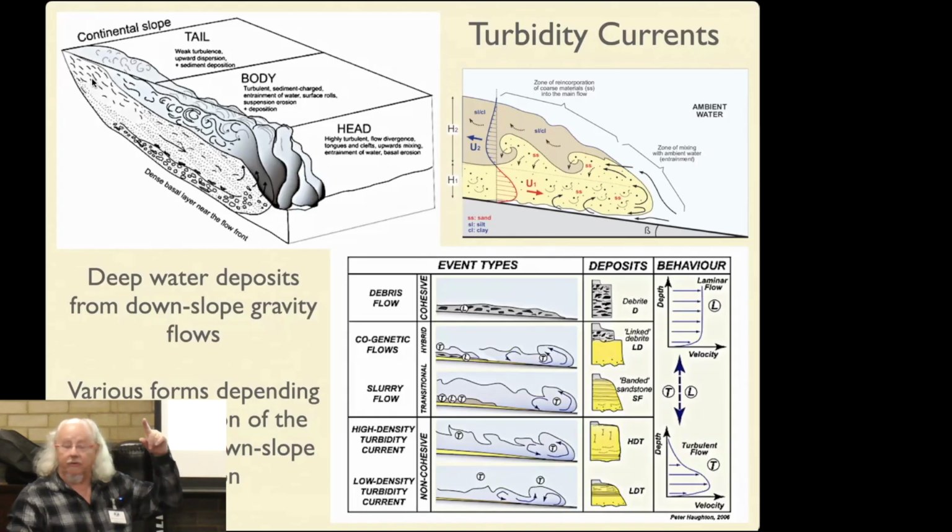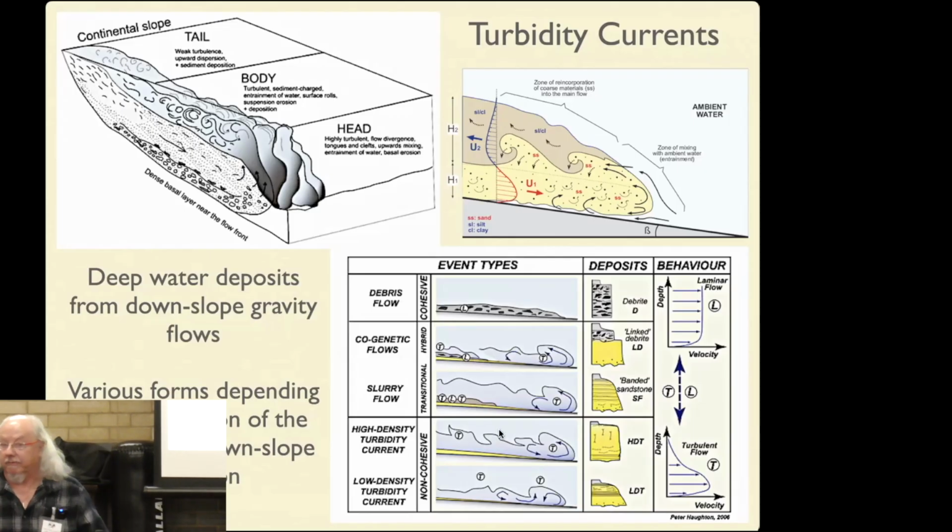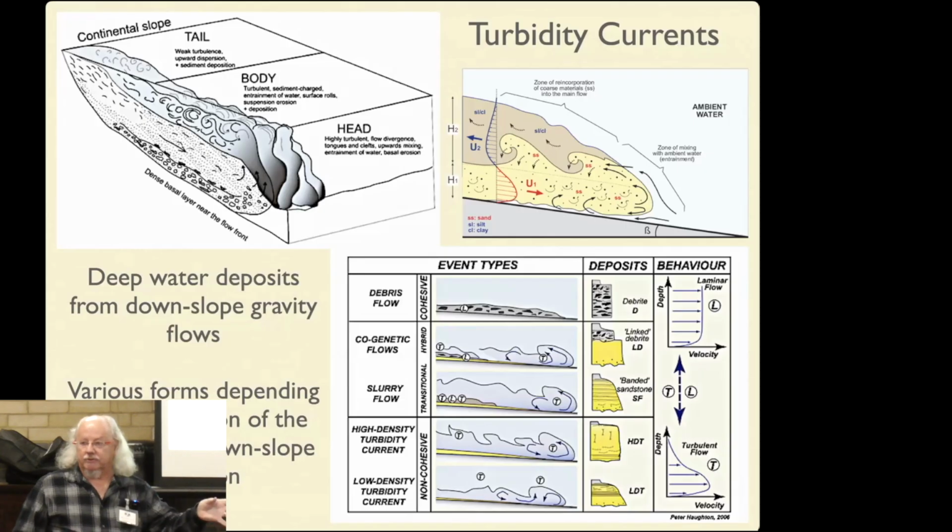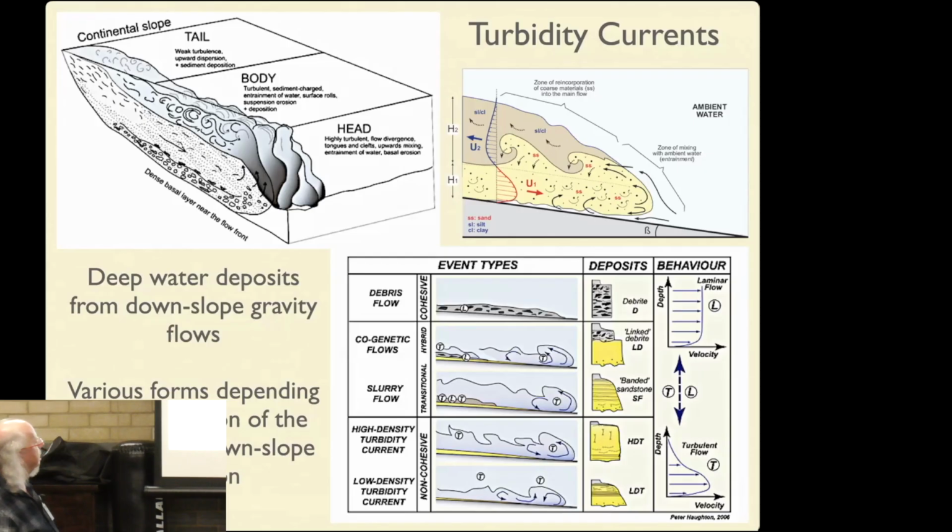And so that sequence that you see, the ordinary sequence down here, is basically the passage of a turbidity current through wherever it is you're standing. But there are various forms of these sorts of flows. They don't have to all be just ordinary turbidity currents.